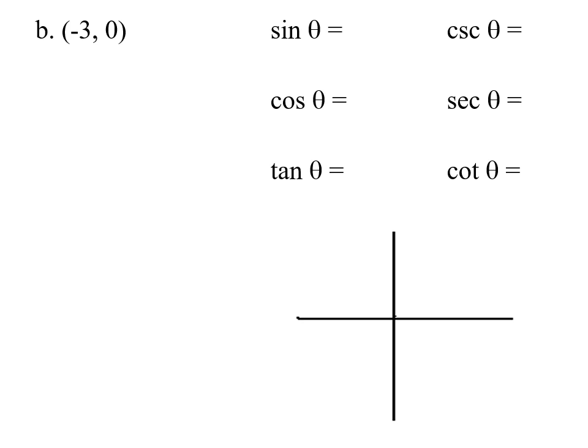Let's try another one, except for here, one of our numbers is 0. So we're going to have the point -3, 0. If I was to plot that, -3, 0 is just 1, 2, 3 to the left, and I don't go up or down any. So my angle itself, this would be my point right here, but my angle goes along the axis.